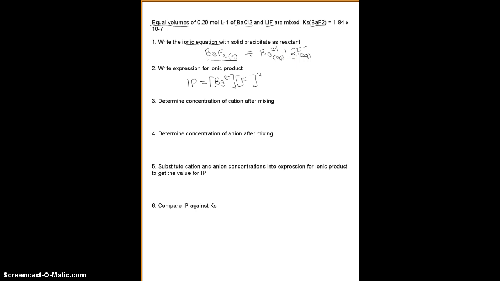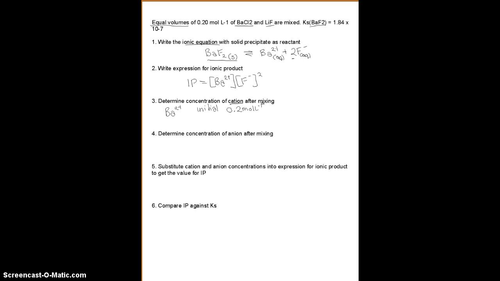The third step is to determine the cation concentration, the positive ion concentration. So trying to work out the concentration of Ba2+ in solution. We know that the initial concentration in this case is 0.2 moles per litre, and that equal volumes of the solution of lithium fluoride are being added.